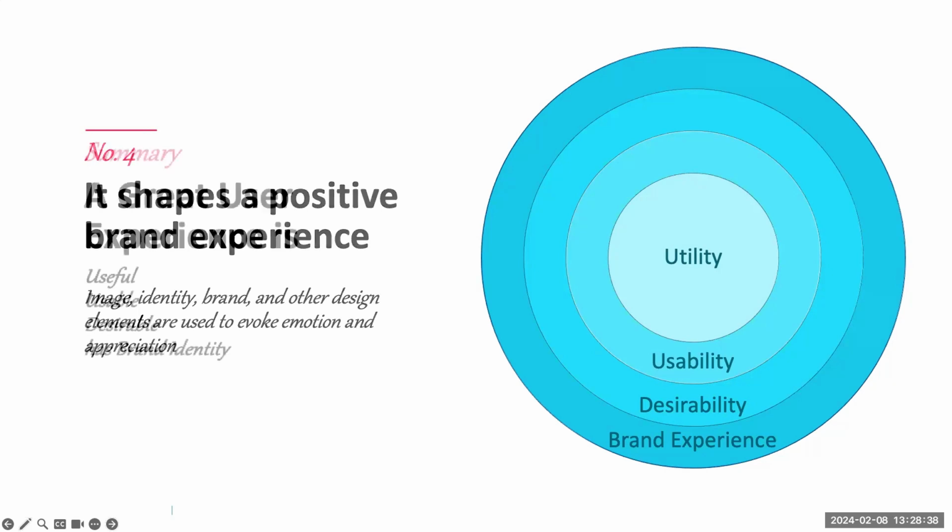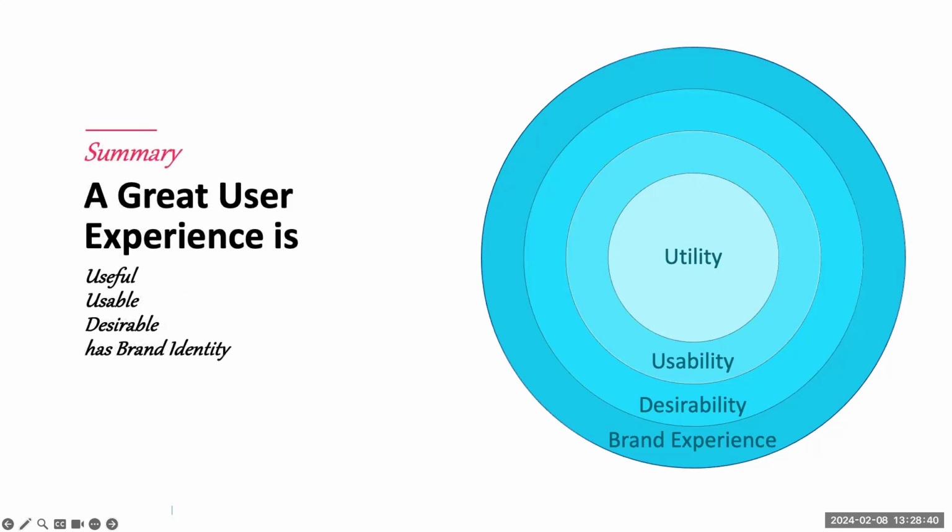So in totality, a good user experience is anything that is useful. That means the user has a need of it. They can interact with the product very easily. That means it's usable. They want to sit on it. The sofa is comfortable. I want to sit on it and I don't feel tired.